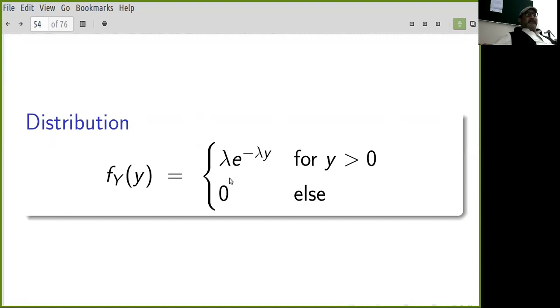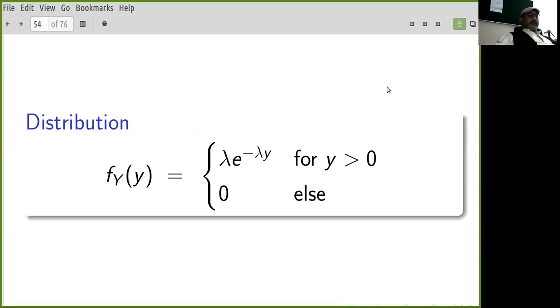If in the Poisson distribution you had the parameter lambda, which is both the expectation and the variance, then this lambda will also occur in the exponential distribution, which describes the time between events.